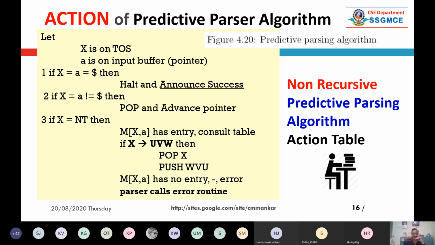Now, the third case: if the top of the stack is a non-terminal, then what do we have to do? Let us say X is a non-terminal giving you a production rule like X gives UVW. Let us say three non-terminals are on the right hand side.